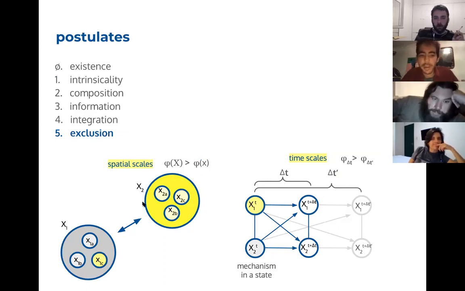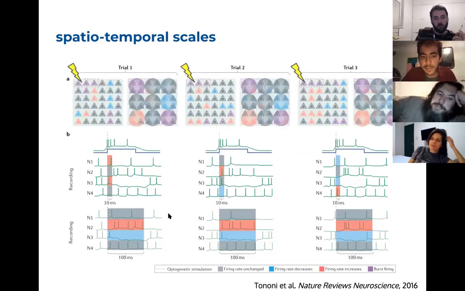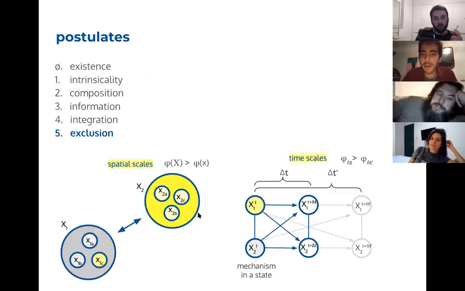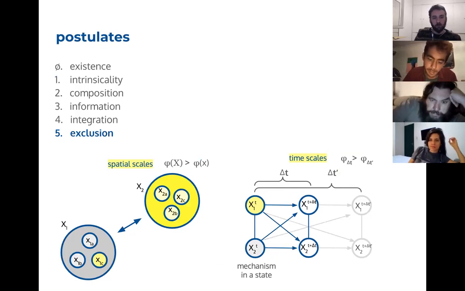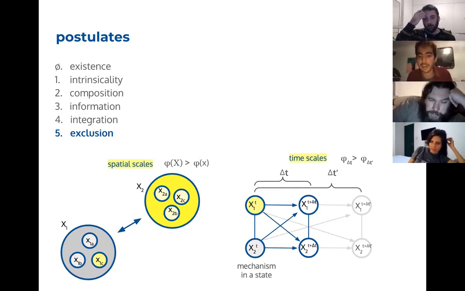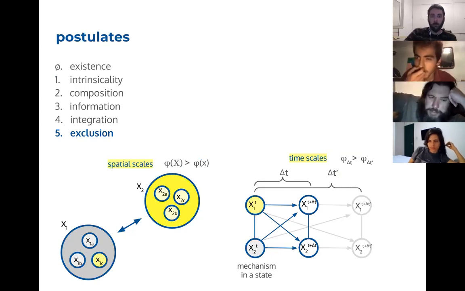So maybe if you coarse grain a couple of units, you get more integrated information. And exclusion will say that, well, then there's a higher scale at which things exist, as opposed to a finer scale. And the same is done for different time scales. To coarse grain is to collapse different points into one.